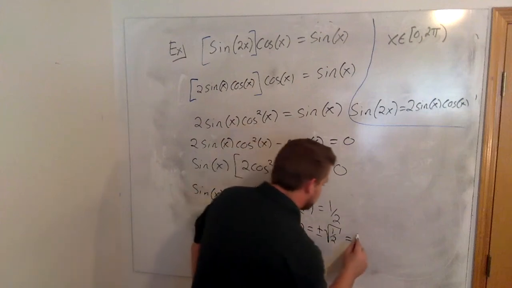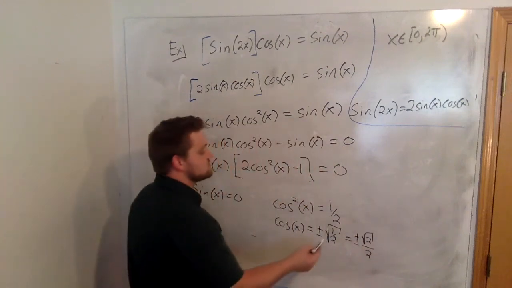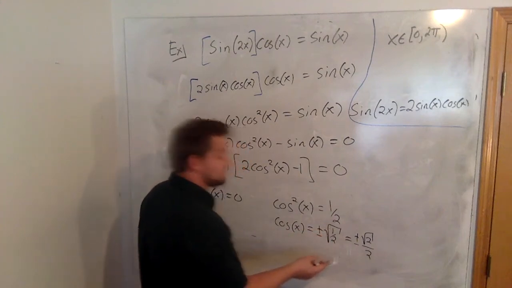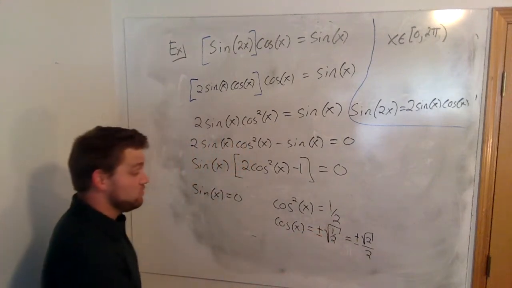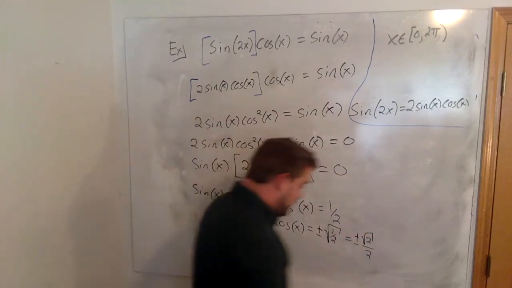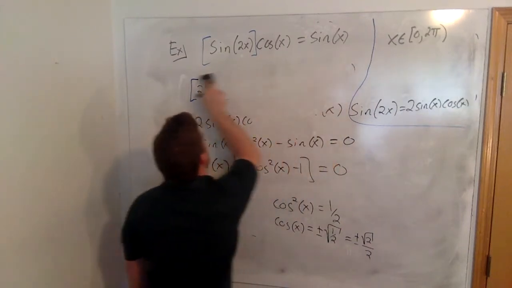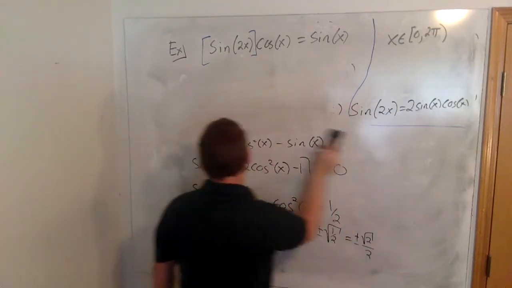And this is the same thing as plus or minus the square root of 2 over 2. So this is the square root of 1 over the square root of 2, but if you rationalize the denominator, you should get this right here. Okay, so we have 3 basic trig equations we need to look at. So let's go ahead and solve them.